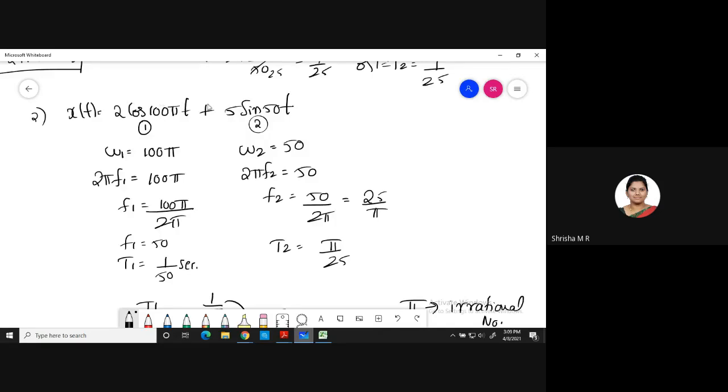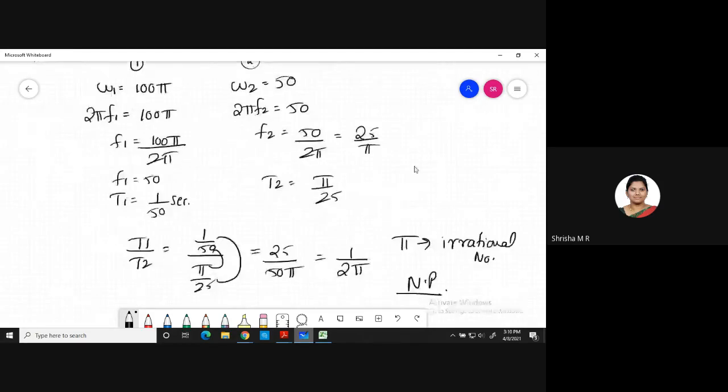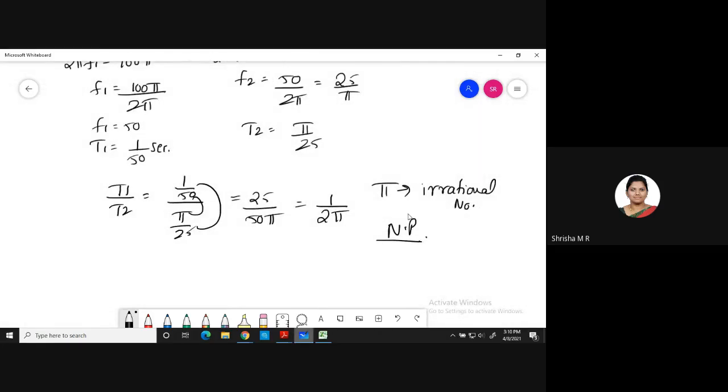If you have omega as an integer, here you have 50, and you don't have pi, then it is non-periodic. Try to see the difference between both of them. This is non-periodic, so we'll stop at this stage. We'll not go ahead to find the fundamental period. Clear, everyone?